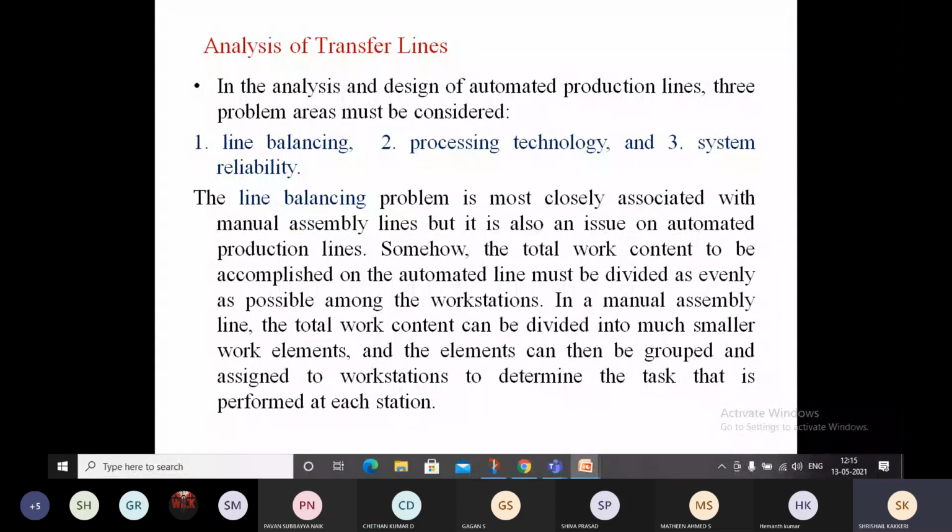It is most closely associated with manual assembly lines, but it is also an issue on automated production lines. Somehow the total work content to be accomplished on the automated line must be divided as evenly as possible among the workstations.